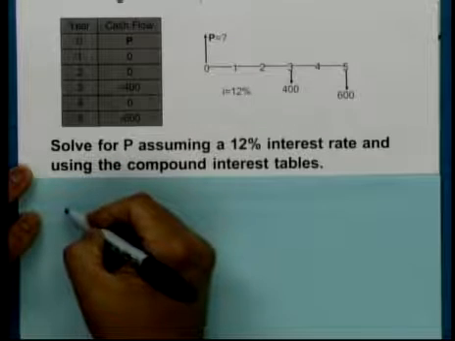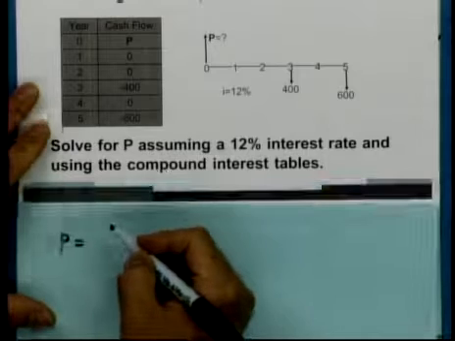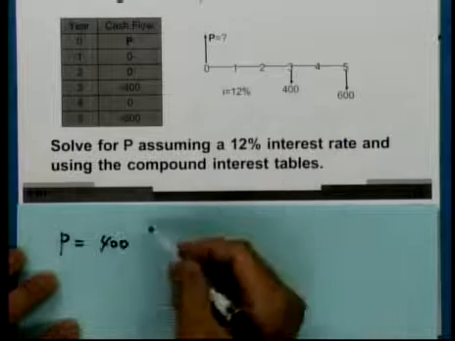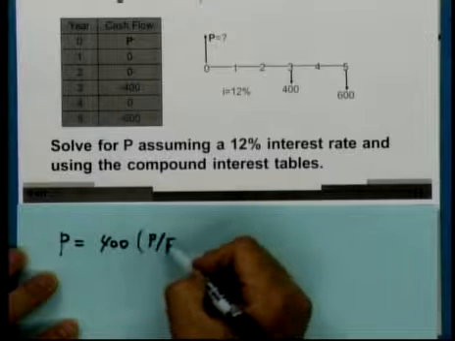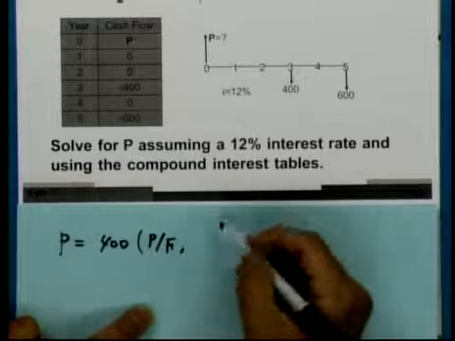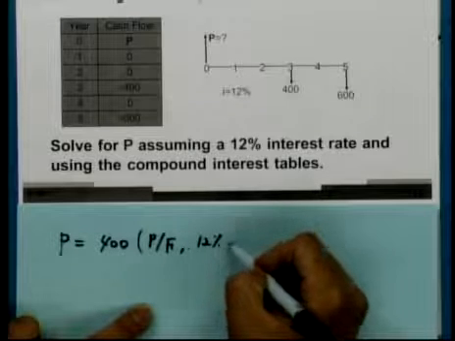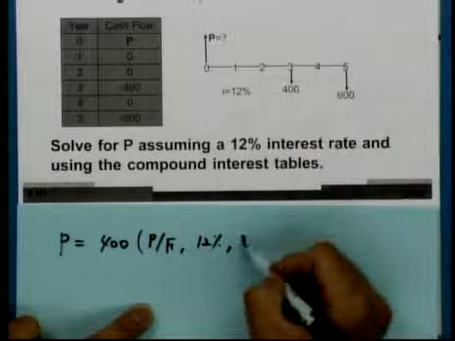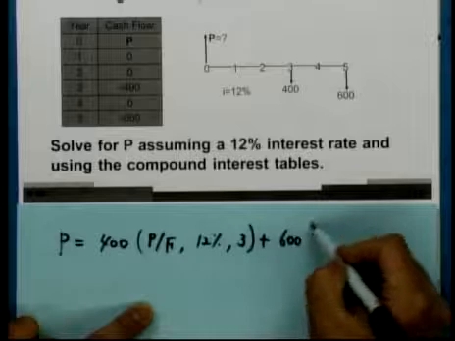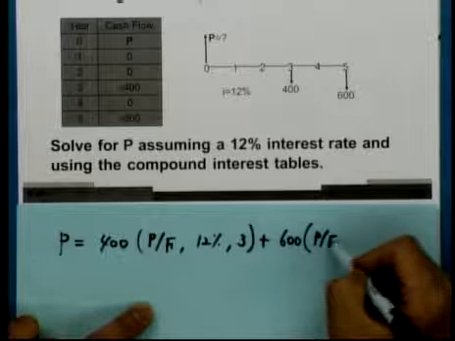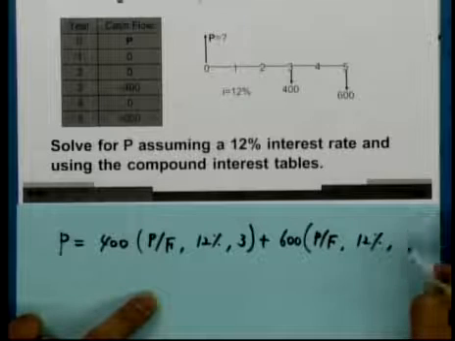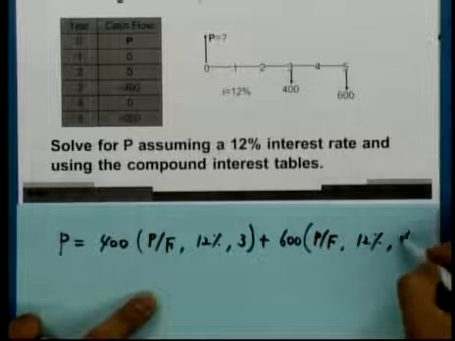So in this case, the present sum P would be 400 P given F, 12%, at the end of year 3, plus 600 P given F, again same interest rate of 12% at the end of year 5.